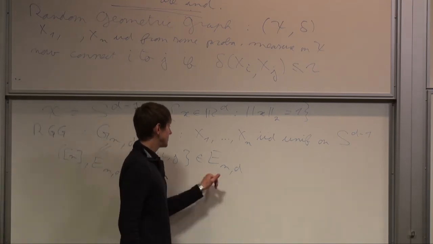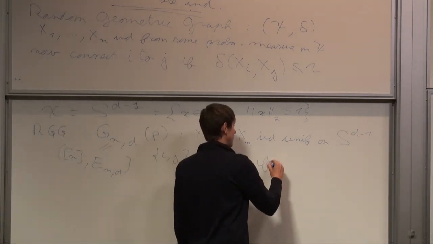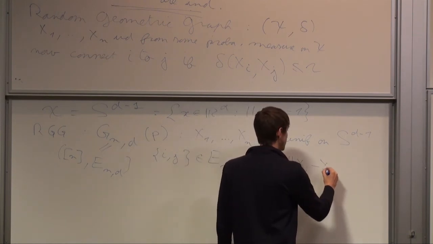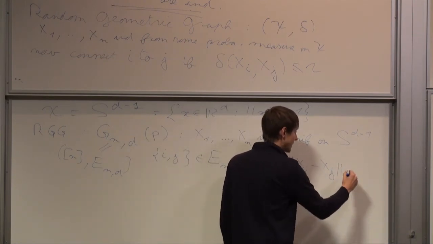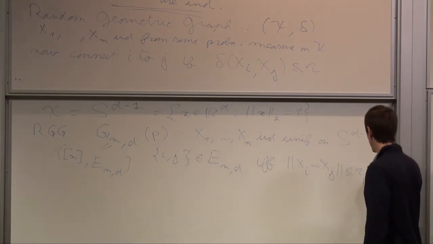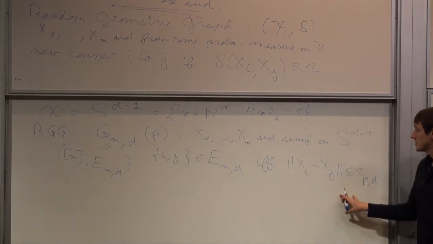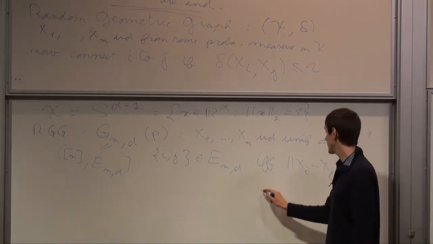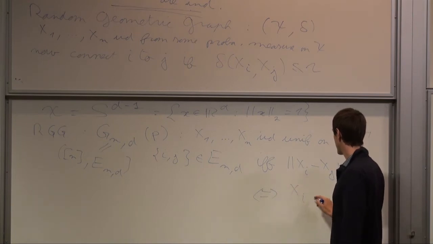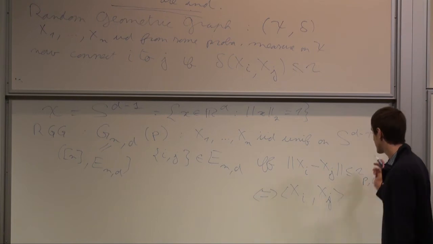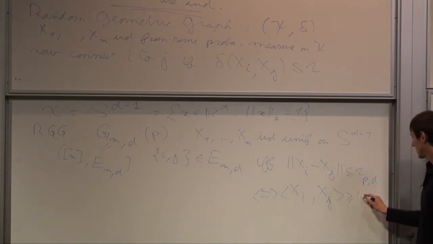So an edge is going to be in E(n, d) if and only if the norm of xi minus xj is smaller than something, let's call it R, which is going to depend on p and d. So as I said, because the norm of xi and xj is 1, this is equivalent to saying that I just want to check if the inner product is larger than something, let's call it t(p, d).